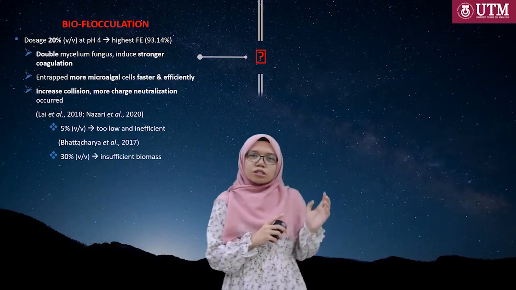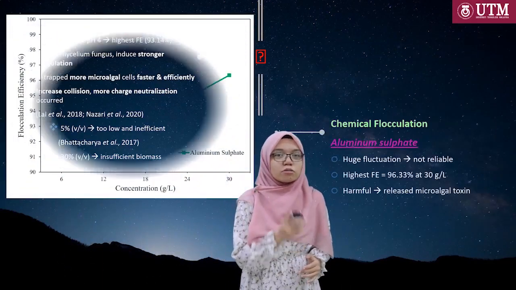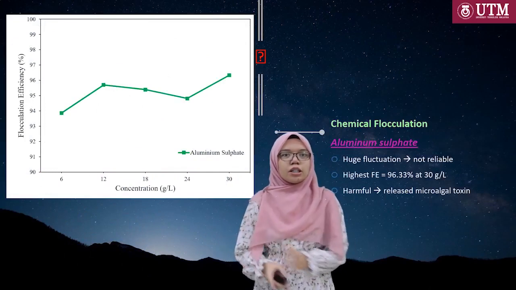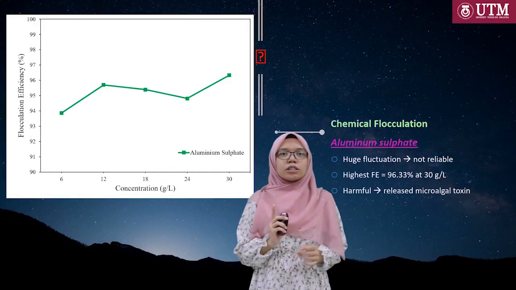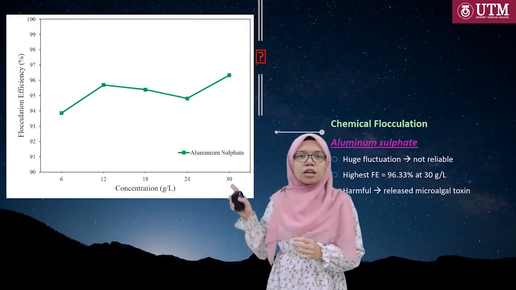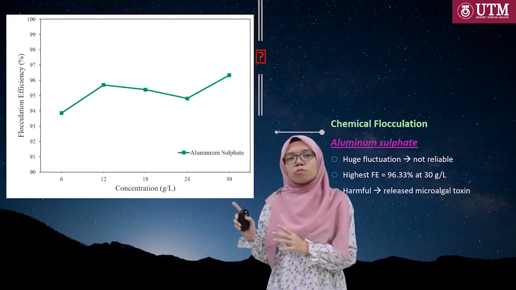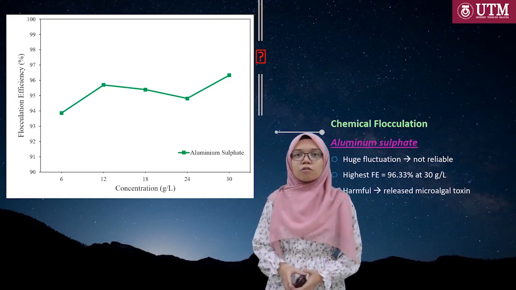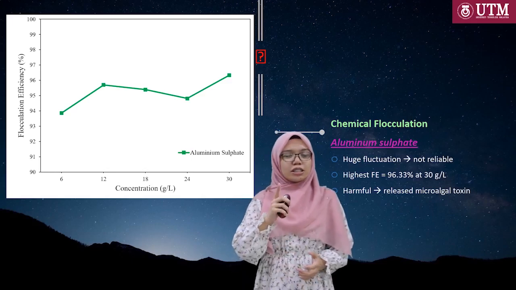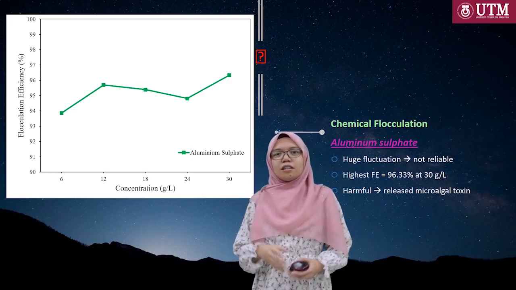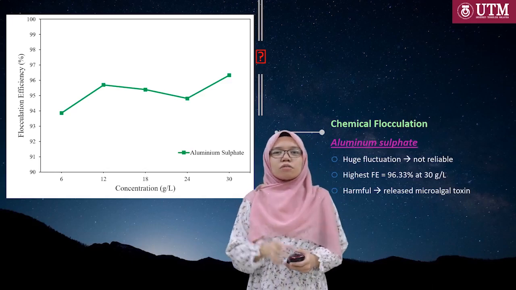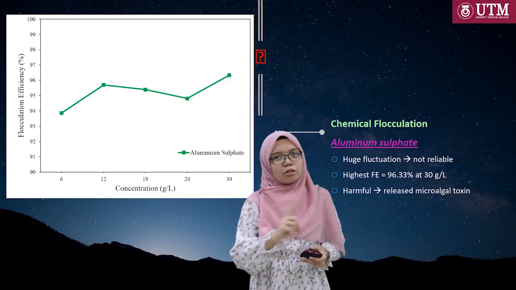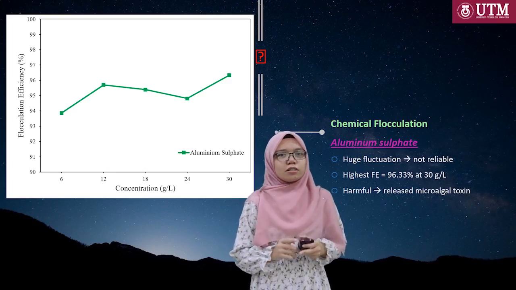After that, flocculation using chemicals was carried out to screen the best chemical for comparison to the fungal flocculation. The graph here shows a significant fluctuation of flocculation efficiency resulting from using aluminum sulfate as flocculant, with the highest flocculation efficiency of 96%. The harmfulness of aluminum sulfate adds more reason why it is not a good flocculant.